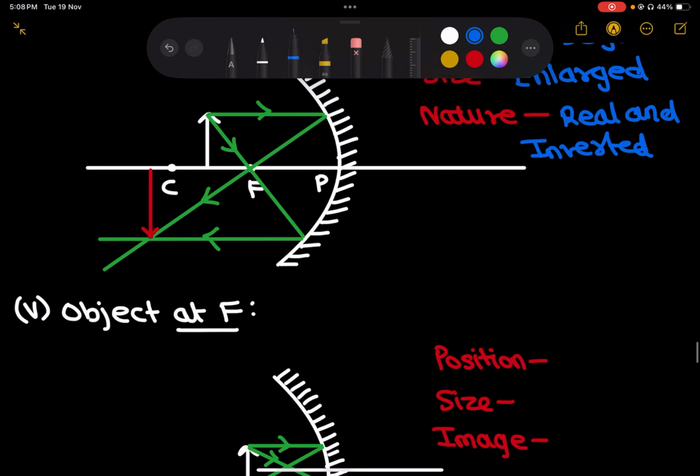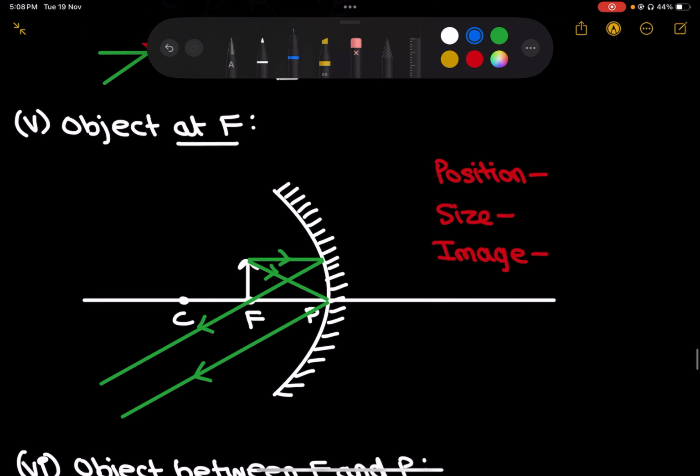Now we'll move on to the fifth, which is the object is at F. I'm moving it more closer. The object is kept at the focus. Now what happens? Again, same thing. Now the second ray we have drawn is different. The first ray is parallel, it goes through the focus.